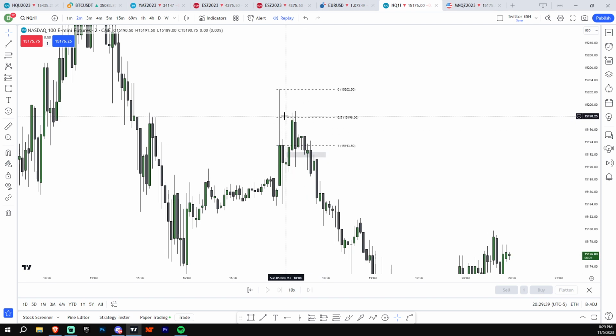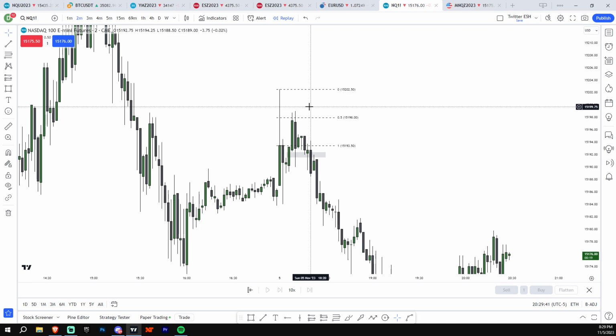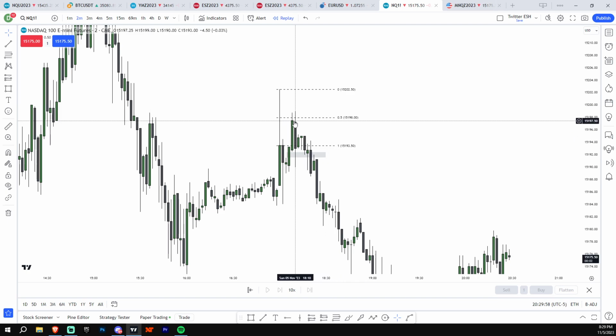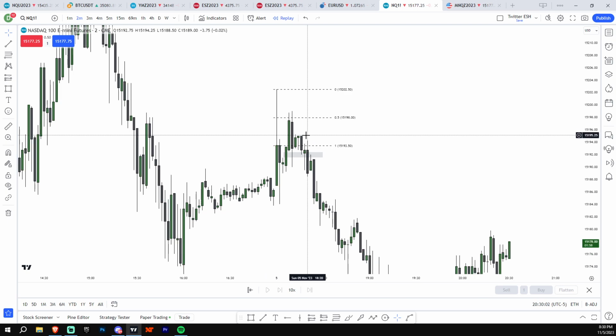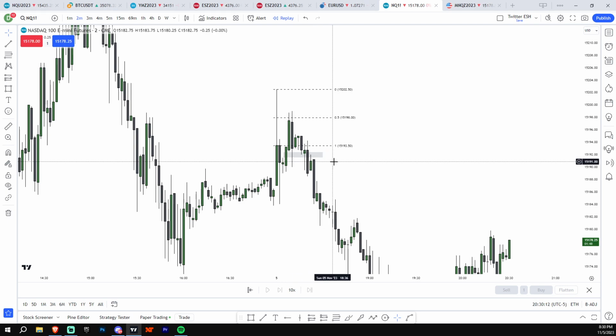So this wick and us rejecting off the 50%, just like how an SMT is confirmation a long or short is going to work, this rejection off of this wick is confirmation that this 2 minute inversion should work. Does that make sense? Did I answer your question?